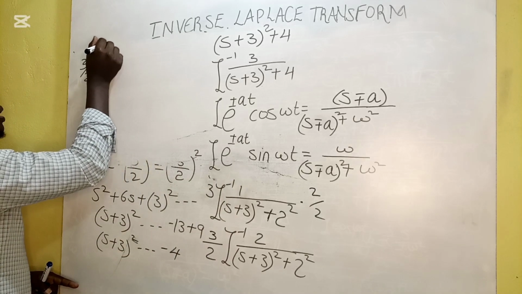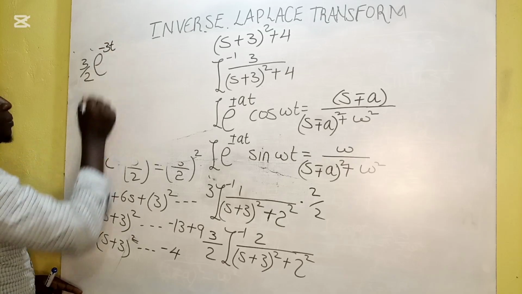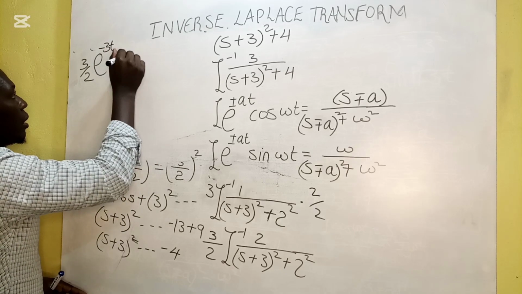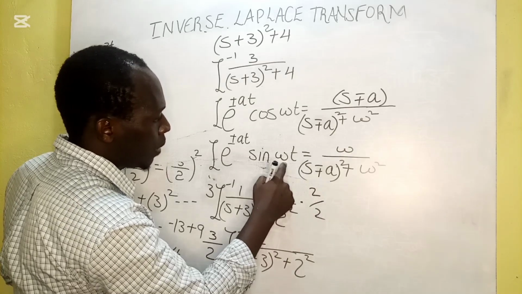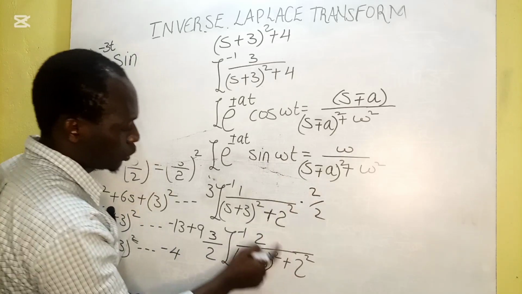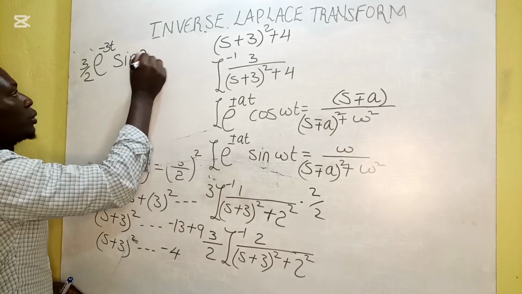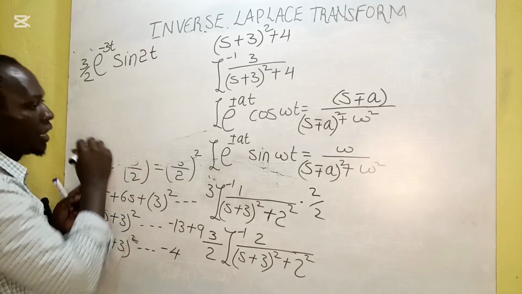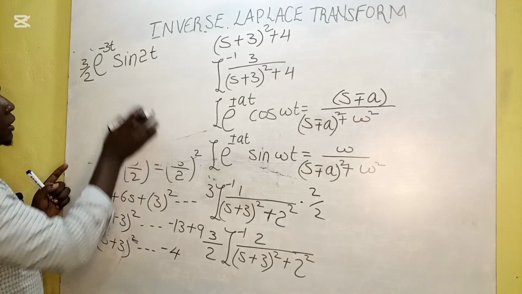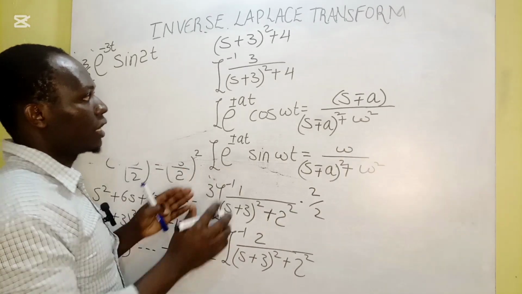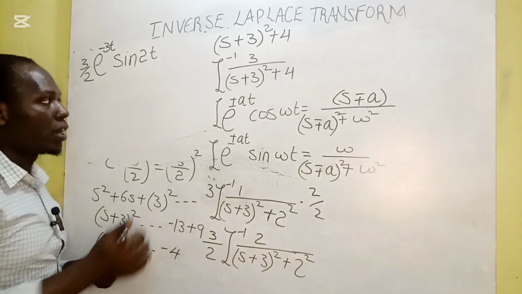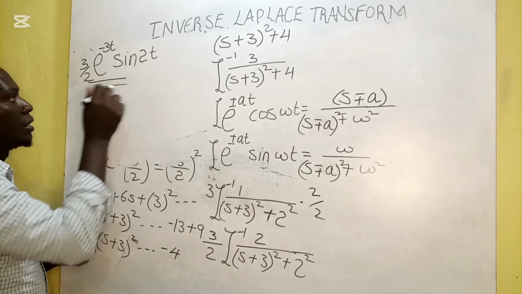Here we are going to have negative 3t, sine, our angle is equal to 2, so we are going to have 2t. And this is the inverse Laplace transform of the given function that we were given in this equation.